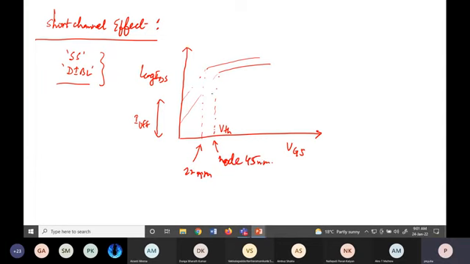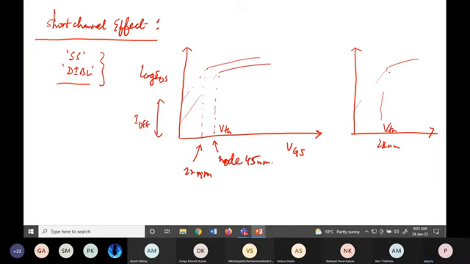That is one point. Another point is, for the same node, say 22 nanometer process, because of DIBL, the threshold voltage will decrease even further.